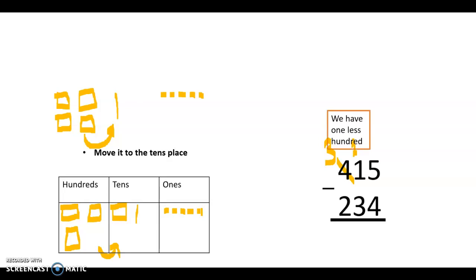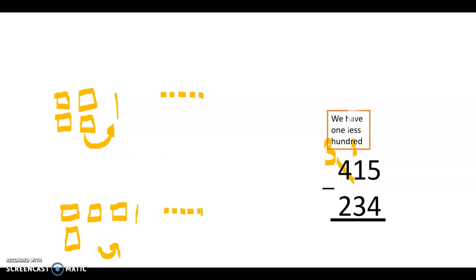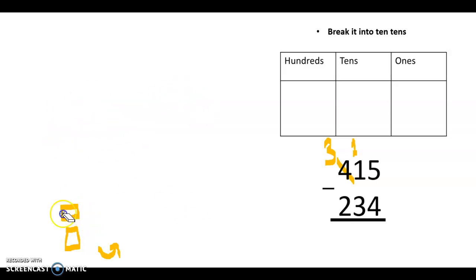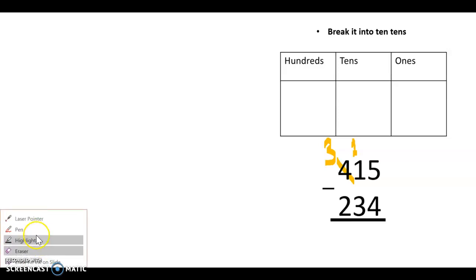So we have 1 less 100 because we moved 100 over to the tens place. So now I've got to break that 100 up into 10 tens because 10 tens equals 100.